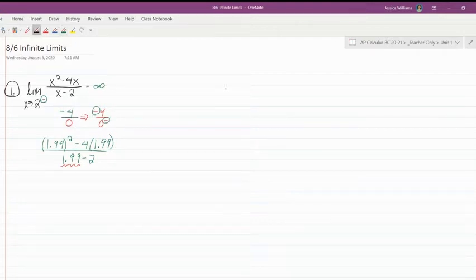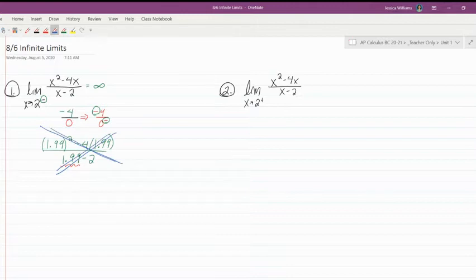So let's do the same question, but we're going to come at it from the right. So 2 on the right. We're going to do the exact same thing. Step 1, plug in. So if I go plug in, I'm not doing this again. I refuse. It hurts so much. I hate it. But if I go plug in a 2, 2 squared is 4, minus 8 makes a negative 4, so that I know I'm not dealing with an indeterminate.